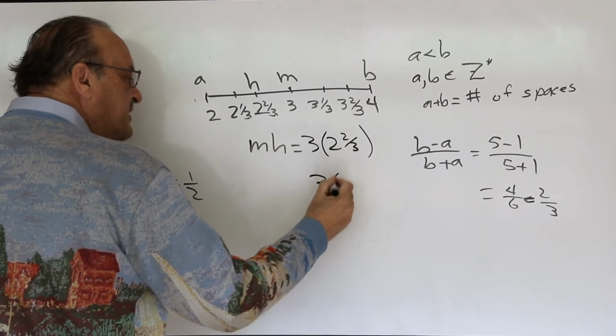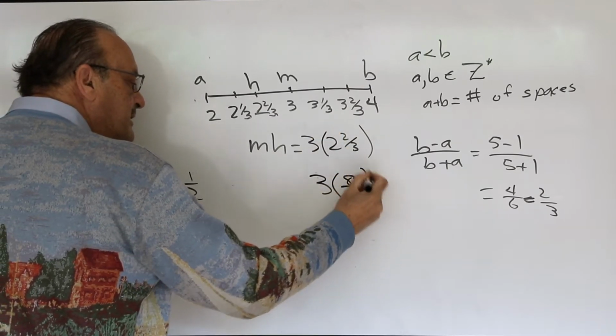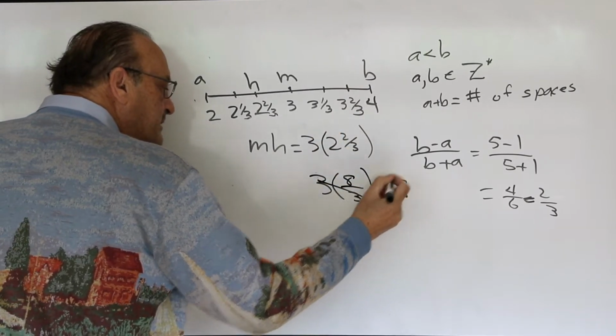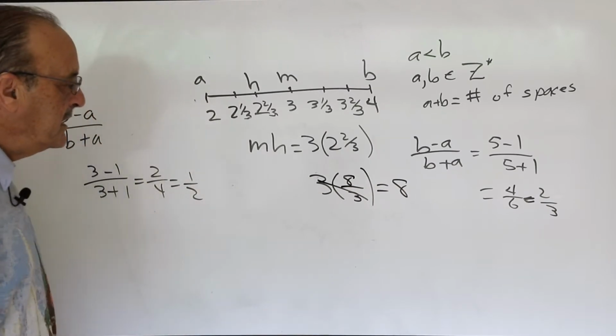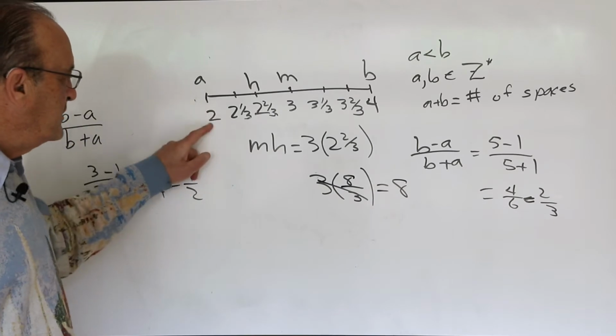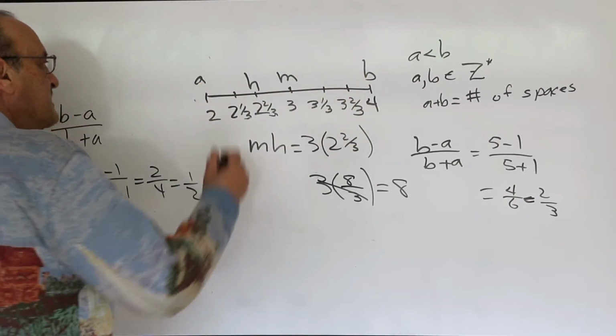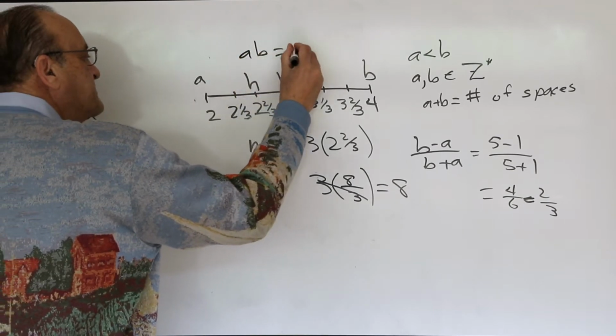So that's equal to 3 times 2 is 6 plus 2 is 8 over 3. The 3's cancel and we get 8. So m times h equals 8, and 2 times 4, which is 8. So once again, a times b equals m times h.